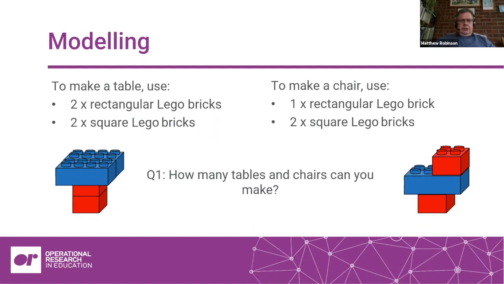So for each of those options, work out how much it's going to cost you to build the tables and chairs that you've got in each of your options. Again, just a couple more seconds for you to do that, and then I'm going to give you the final piece of information.